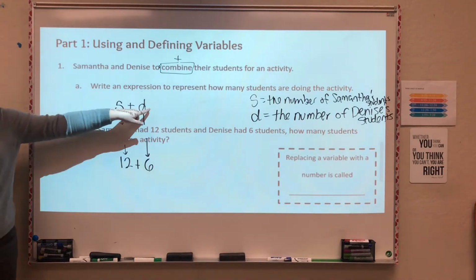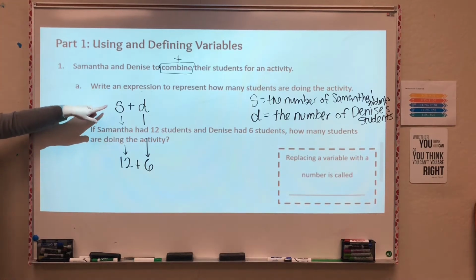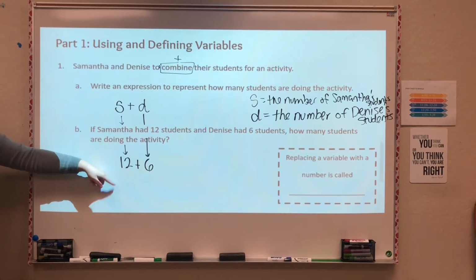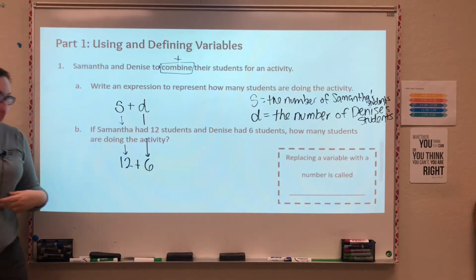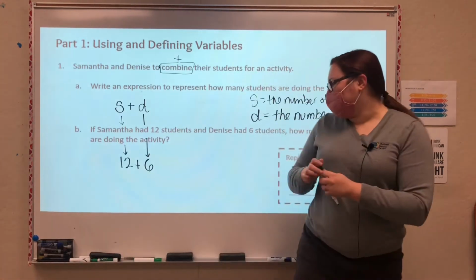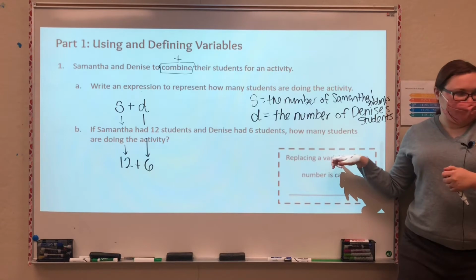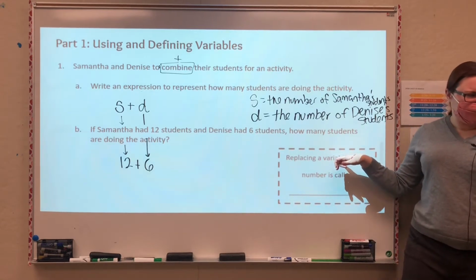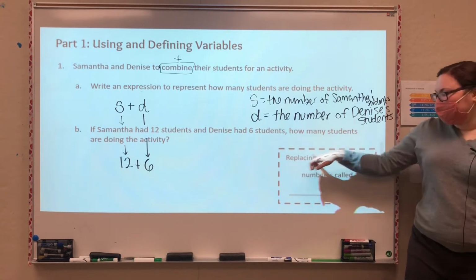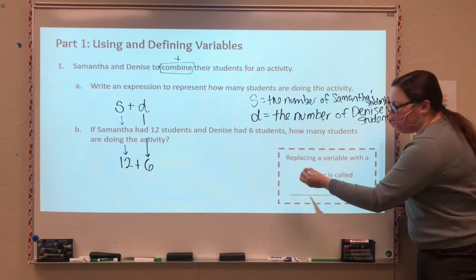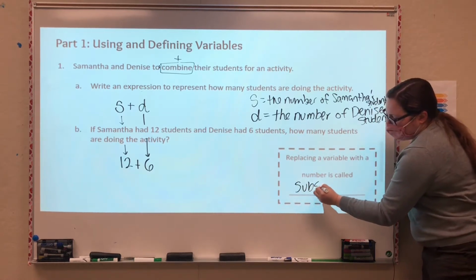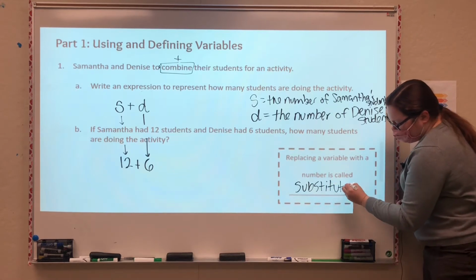You just did something there. You took our expression and you changed S to a number and you changed D to a number. There's a math word for that. In math, when you are replacing a variable, and the variable is just a letter, when you're replacing the variable or the letter with a number, we call that substitution.